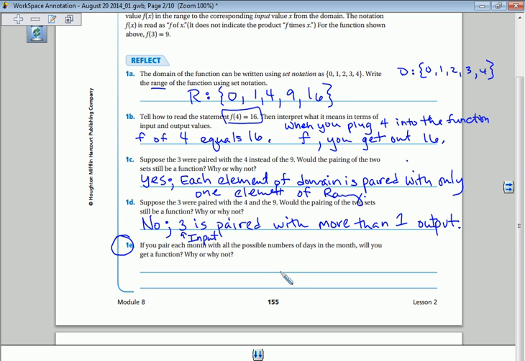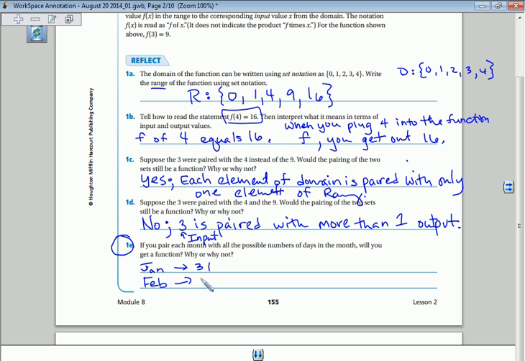Because each month has a 30, 28 or 31, but there's still like 1 through at least 28, and every month would still be paired with that one, and you can't have it again. Okay, well, January is only paired with 31. But Ian, what happens with February? Leap year.